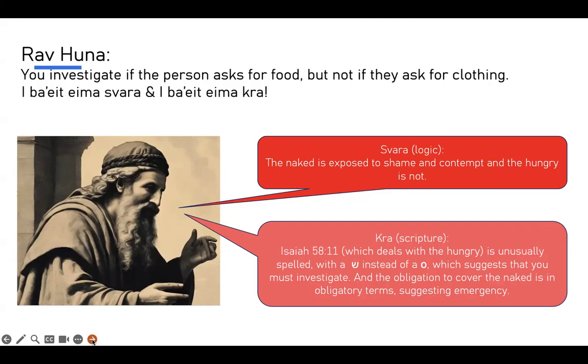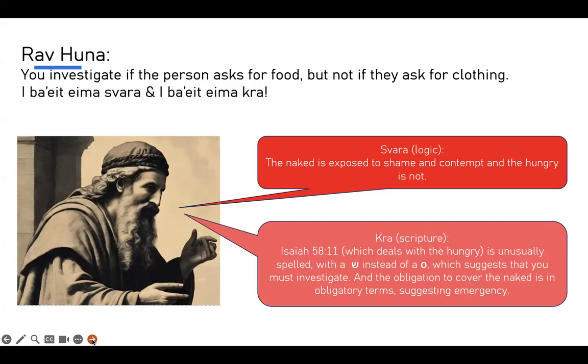I can explain this using logic, and I can also explain this using scripture. He starts off by explaining it using logic. He says, the naked person is exposed to shame and contempt, and the hungry person is not, at least not visibly being shamed. And because of that, maybe there's less urgency in investigating the hungry than there is in preserving the dignity of the naked.